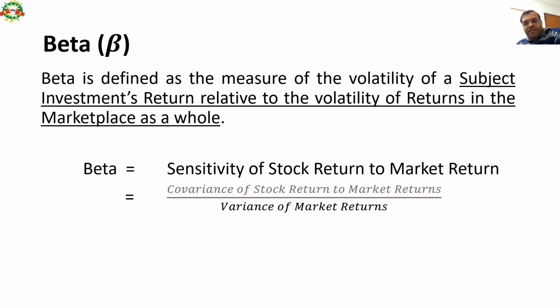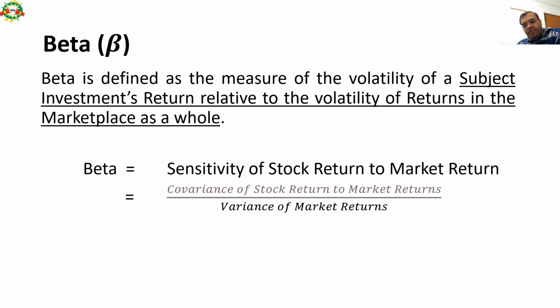Then beta. Beta is defined as the measure of volatility of a subject investment's return relative to the volatility of returns in the marketplace as a whole. I repeat, beta is the measure of volatility of a subject investment's return relative to the volatility of returns in the marketplace as a whole.